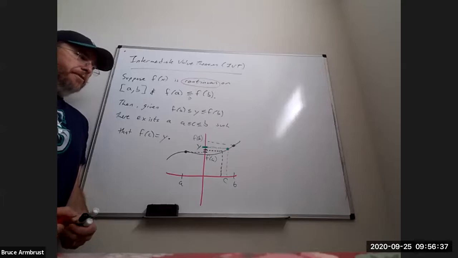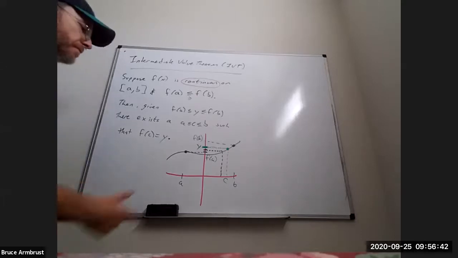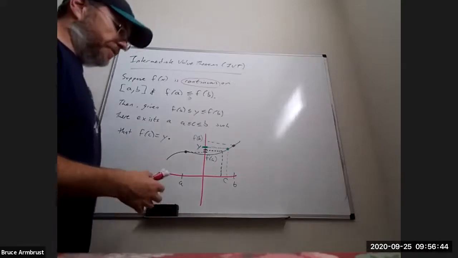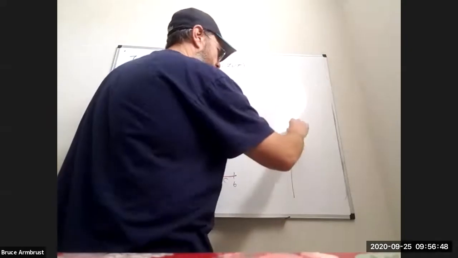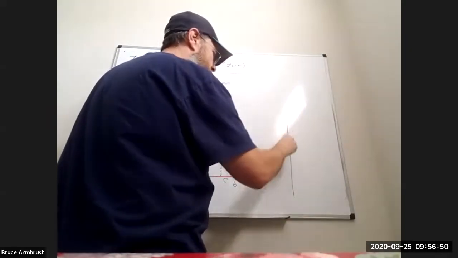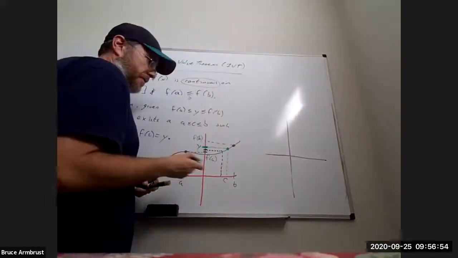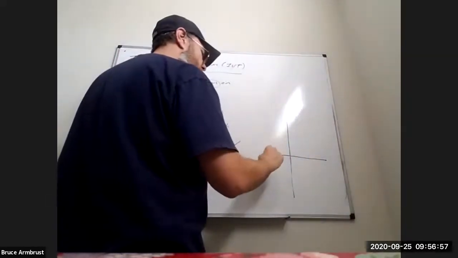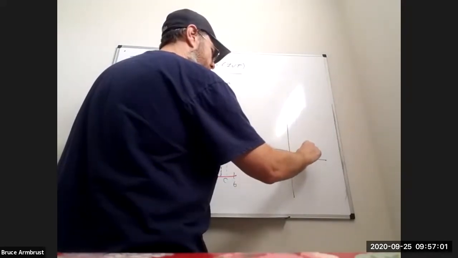Let me show you an example of that. All right, so here's an example of a function that's discontinuous, such that we can't find those intermediate values. Let's say we're coming up like this.